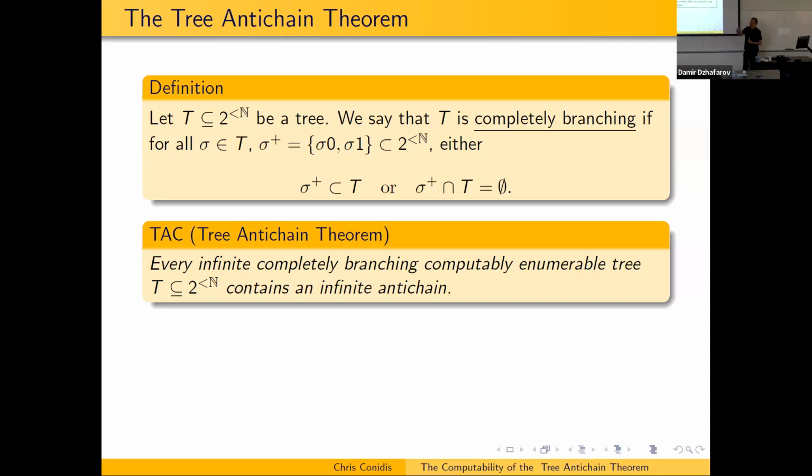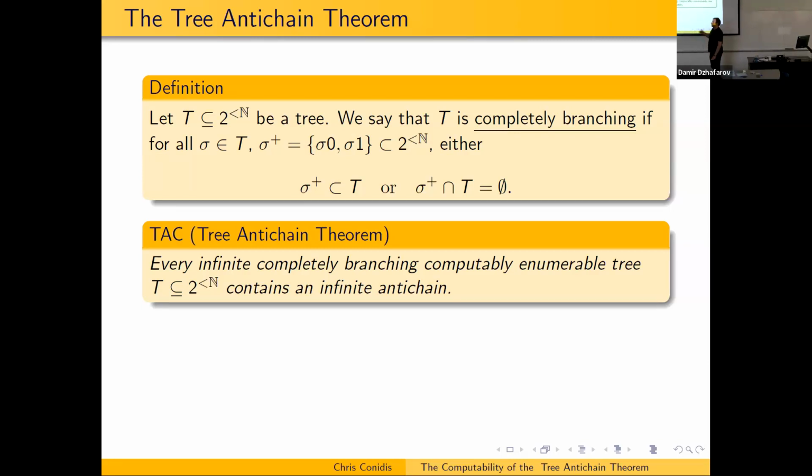And there are a few proofs of this. One proof is that if you have an infinite tree, then your infinite tree has an infinite path through it.